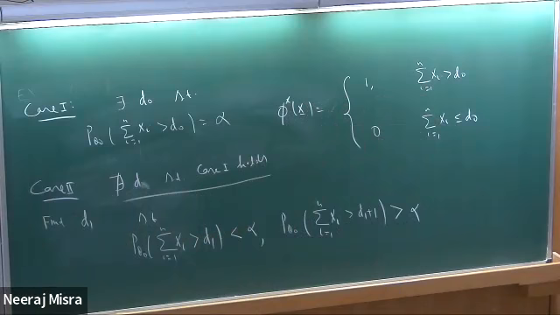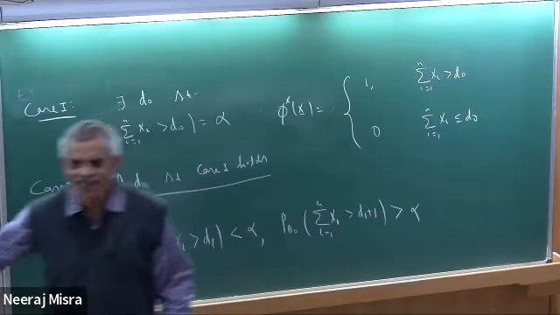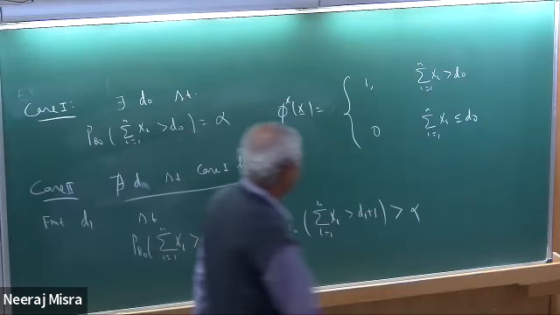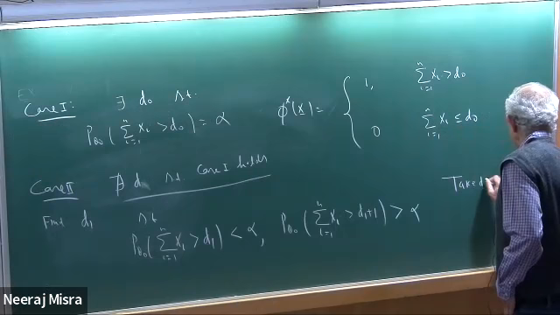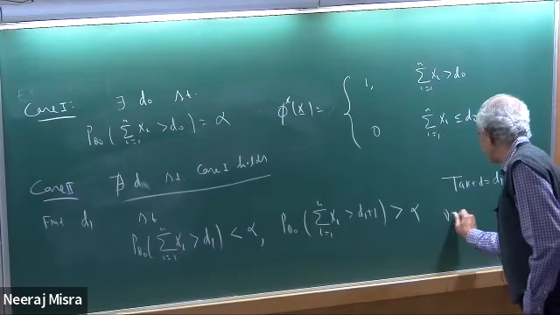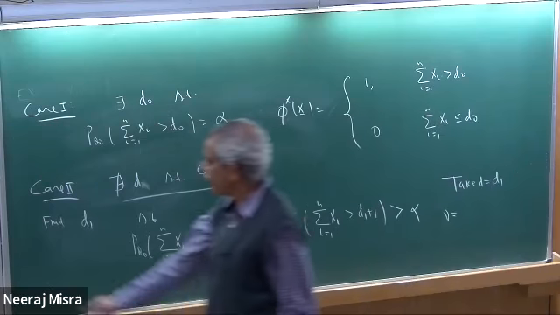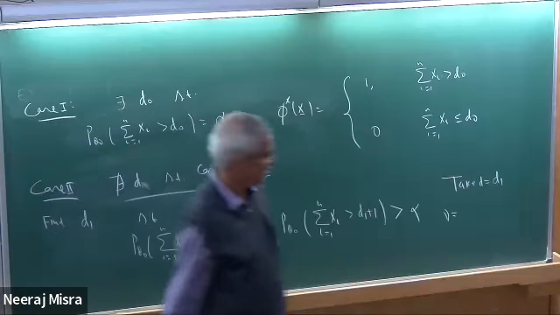Now what would be my D in this case? Take D to be D1 because it is less than alpha. In the next stage I know that it crosses alpha, so that I cannot take. So take D equal to D1. And what would be your gamma? Gamma would be alpha minus the probability of summation xi greater than D1, which is strictly less than alpha, so gamma is positive, divided by the probability under theta naught that summation xi is equal to D1.